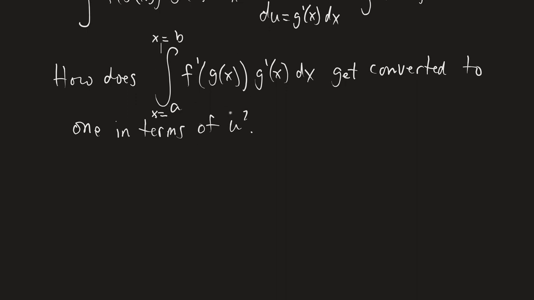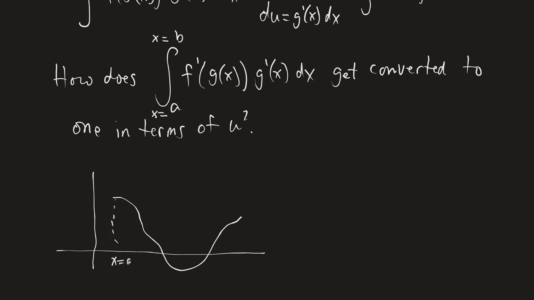Let's say it's something like this, from x equals a to x equals b, with our y-axis and x-axis.